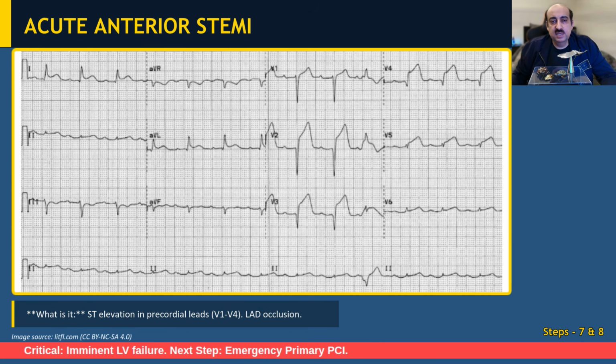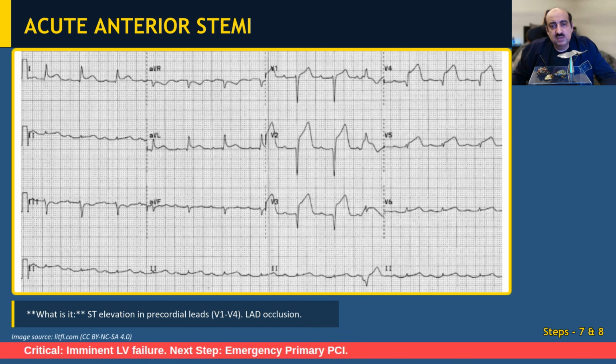Similarly, in this next ECG, you have clear ST elevations in the anterior precordial leads, starting from V1, but predominantly in V2, V3, and V4. Characteristic finding, and you can also see some changes in V5 and lead 1 as well. So 1, AVL, but may not be the full criteria for the lateral involvement.